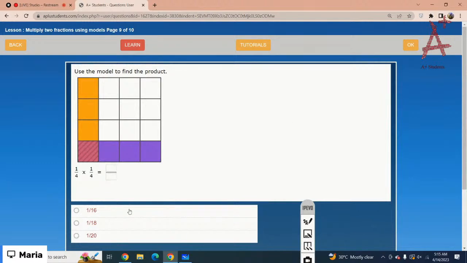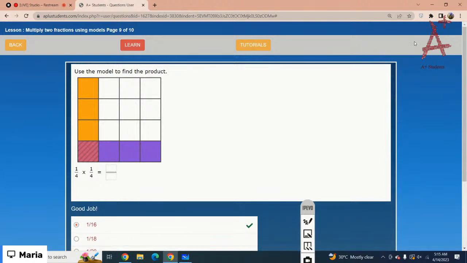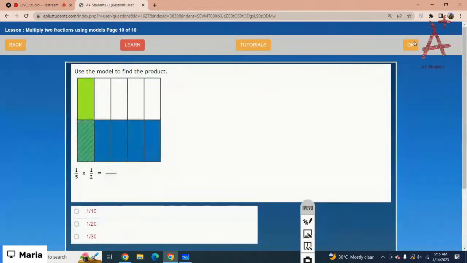Yes, it would be 1 over 16. Okay, use the model to find the product. 1 by 5 times 1 by 2. Yes, that would be 1 over 10. Got it?